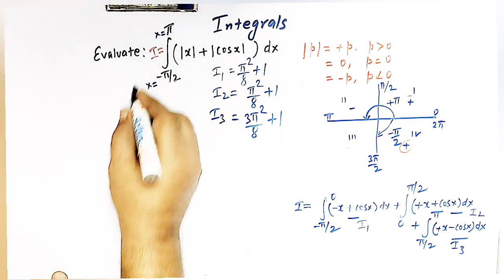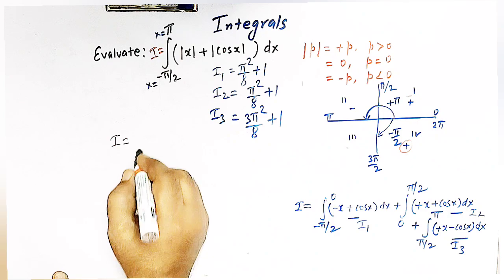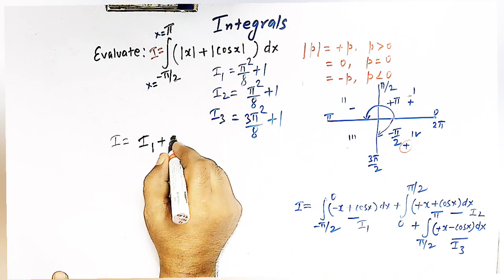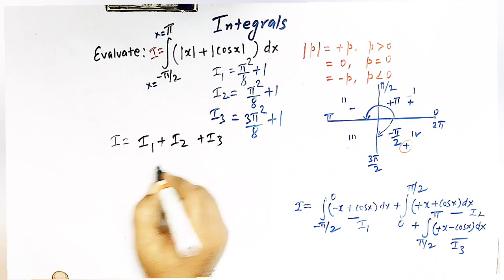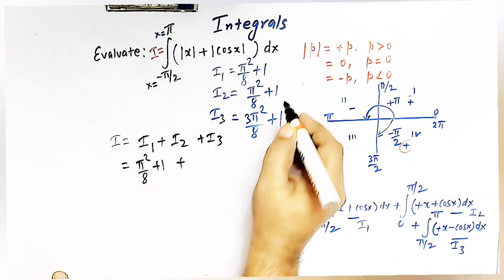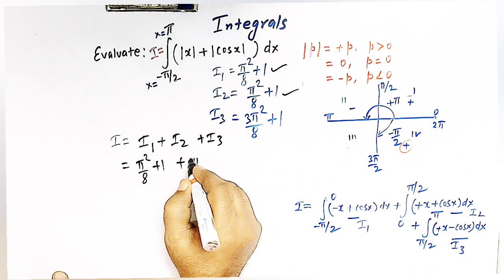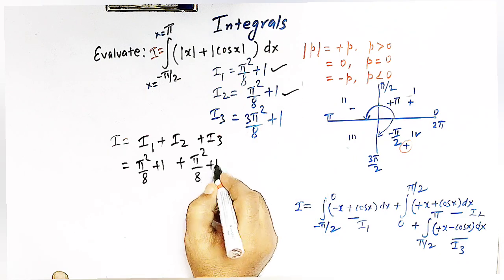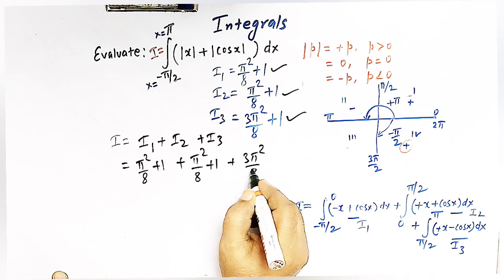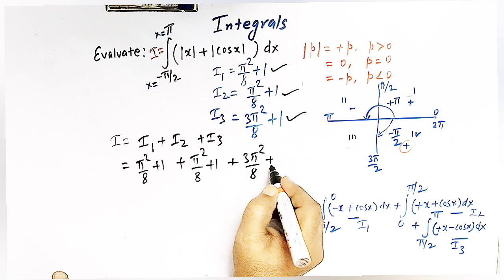So now the value of I is given by the sum of these three integrals, I1, I2 and I3. So we have pi square over 8 plus 1. Then we have pi square over 8 plus 1. And then we have 3 pi square over 8 plus 1.